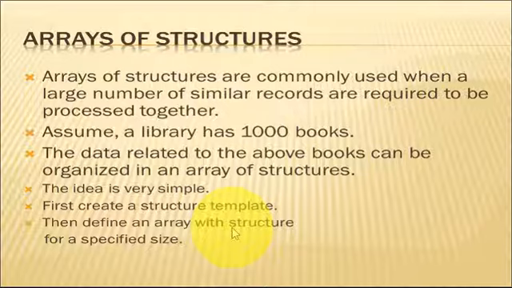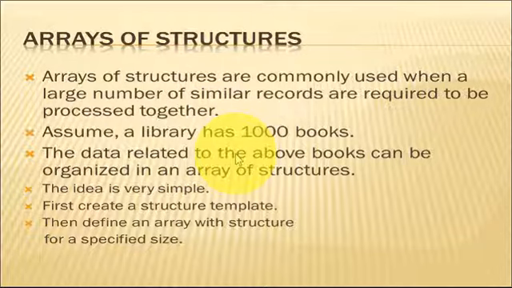If you want to collect the records of all the students in your class, for example 50 students, we can go for an array. If you want individual students, S1, S2, likewise we can go for that.